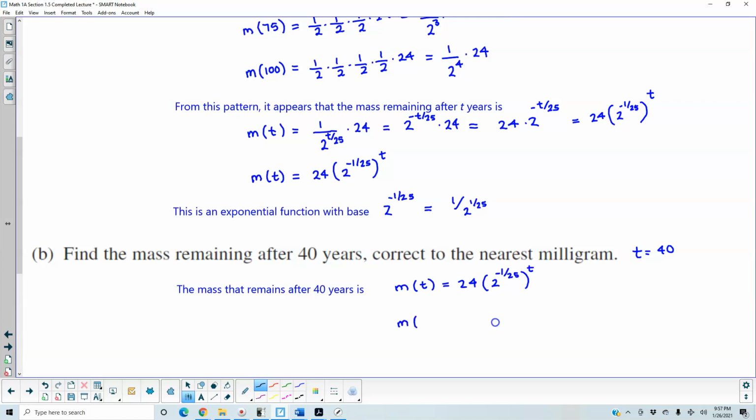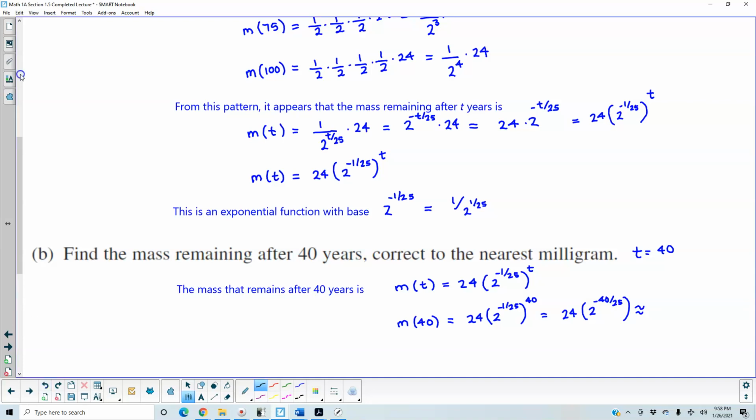So we're going to have M of 40, which is equal to 24 times 2 to the negative 1 over 25 to the power of 40, which is equal to 24 times 2 to the negative 40 over 25.